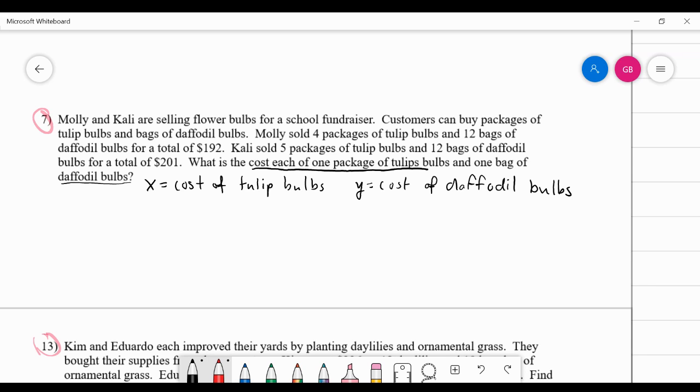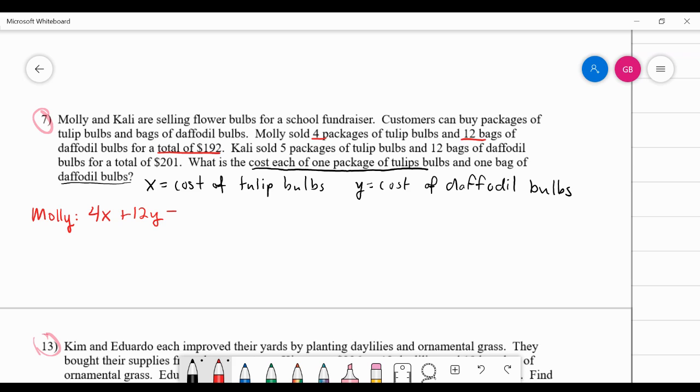Okay, so let's see what Molly did. So Molly sold 4 packages of tulip bulbs. So for Molly, that's 4x and 12 bags of daffodil bulbs. So plus 12y for a total of 192.